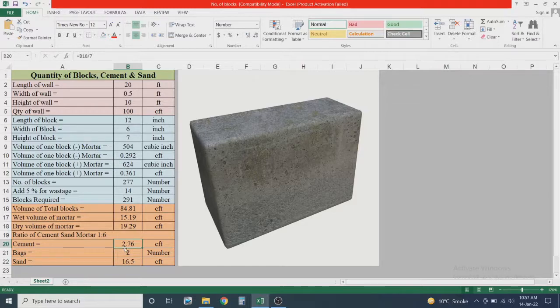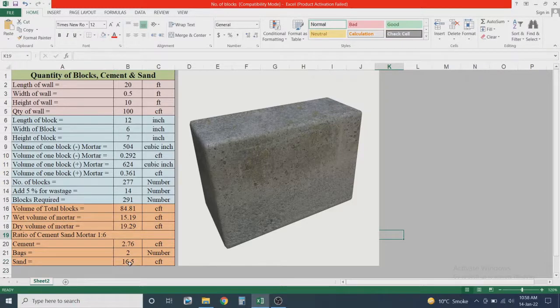Now, as you know, the volume of one cement bag is 1.25 CFT. So I will divide the cement volume by 1.25. This will give me the number of bags as 2. Now how will I find the quantity of sand? For this purpose, just multiply the quantity of cement by 6. This will give you the quantity of sand as well.